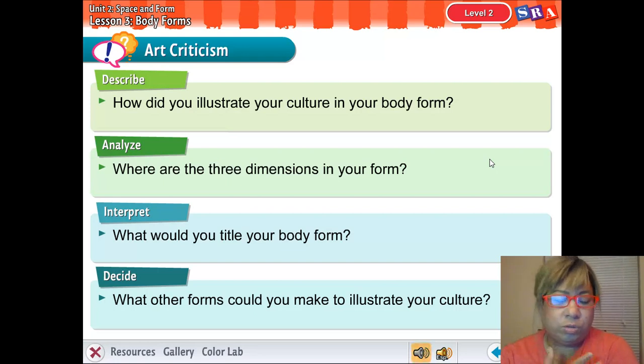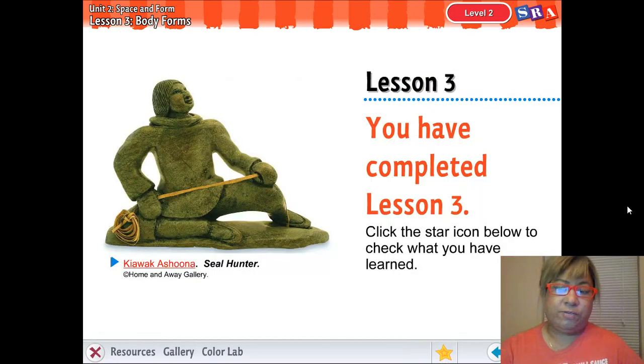And traditional clothing, things that they wear. So these are things that you can talk about, and you can create your own culture, even in your statues, like the statues and the sculptures that the Inuit and the Pueblo Indians created.